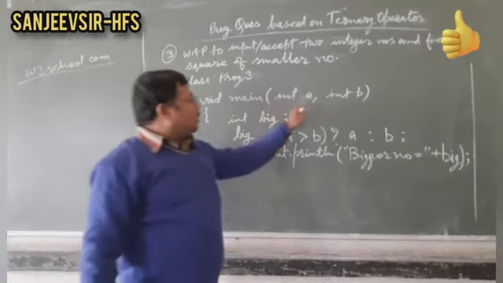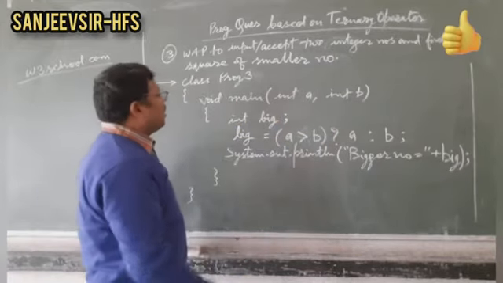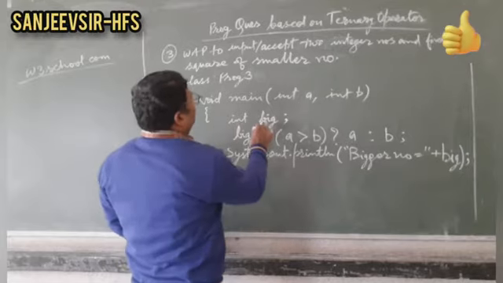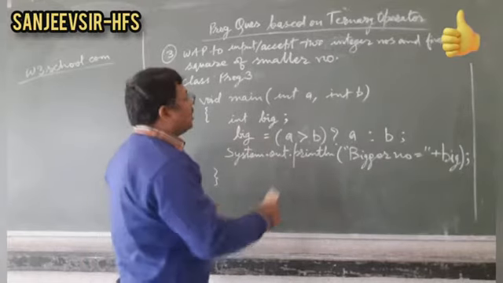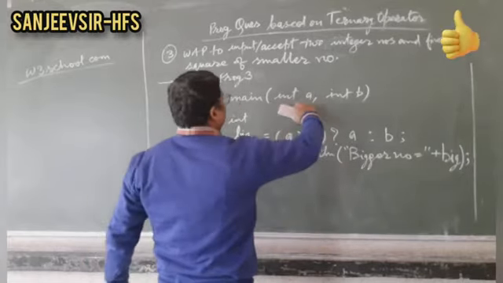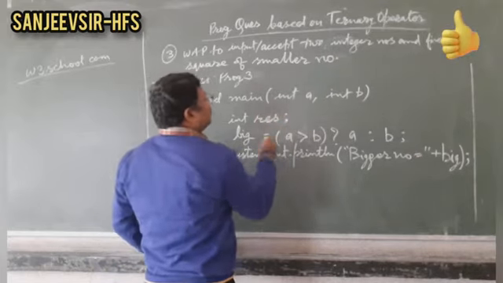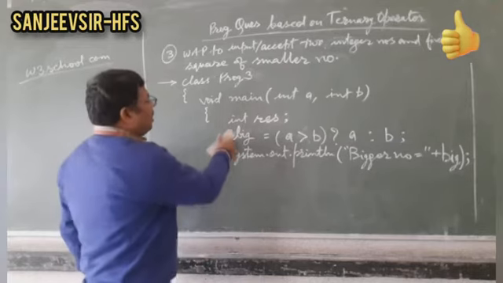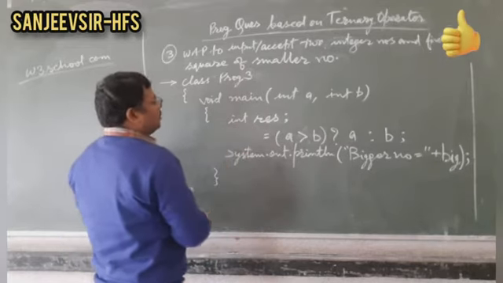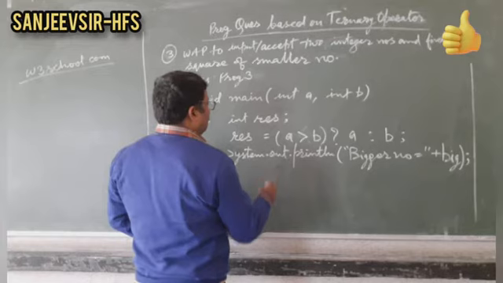So here a and b, two values we have accepted. After accepting, we have to find the small one, and the square of the small one also. So here we take a result, res. In the result, we will store the square of the smaller number.